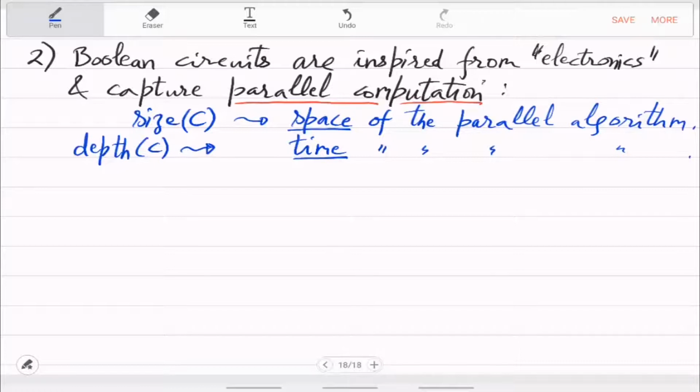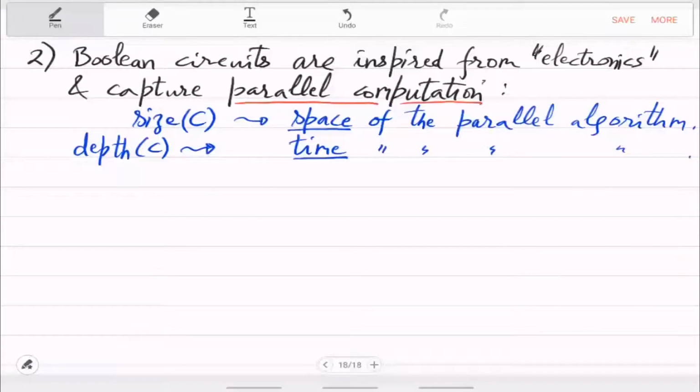So whatever is the depth, that many seconds it will take. It cannot be faster, because the one above waits for the one below. So depth basically corresponds to parallel time, and size corresponds to the space of the parallel algorithm, because every gate is storing some information, so that much space is being used up.